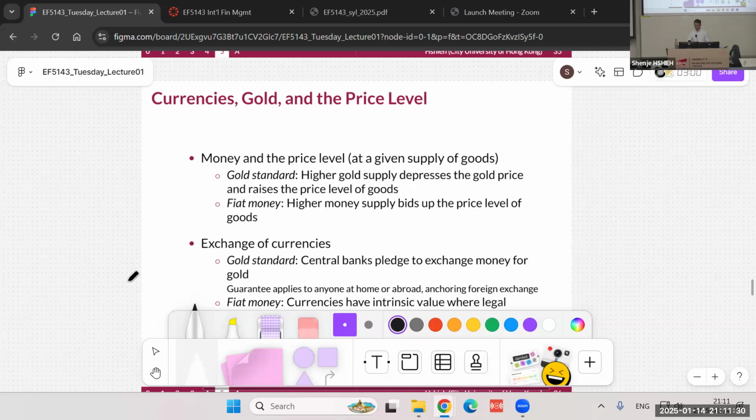Just like the US dollar, the dollar is redeemable for some quantity of gold. There is a conversion rate set by the bank. And under the so-called gold standard, where a consortium of countries agrees to fix their currency to some quantity of gold, exchange rates become extremely boring because they become deterministic, right?